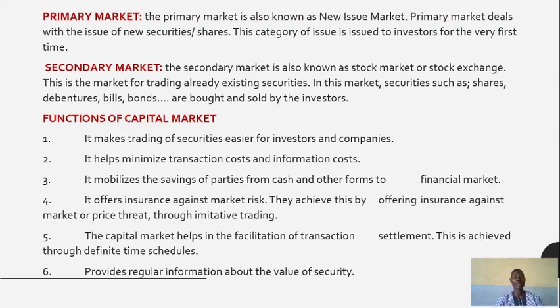Number five, the capital market helps in the facilitation of transaction settlement. It helps to facilitate transaction as well as settlement, because those that want to sell their shares, they will be there. Those that also want to buy, they will also be there. So it helps to facilitate the transaction for those that want to sell, and also for settlement for those that are ready to pay.